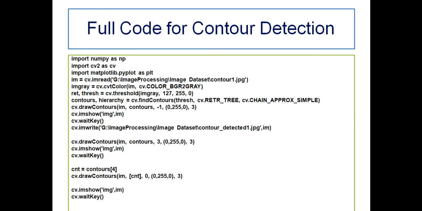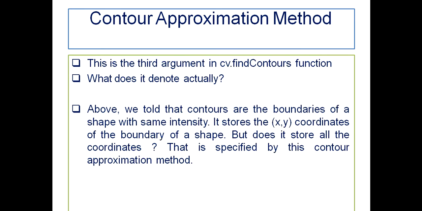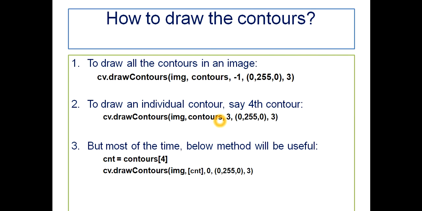In the first case I'm passing -1, so all the boundary points on the boundary lines are considered. Next I am passing 3, that is the fourth contour, since the last case is to draw an individual contour.